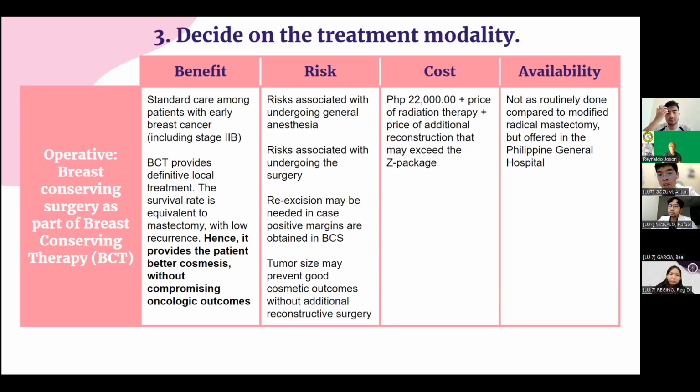Hence, there would be additional costs for radiation therapy and then for additional reconstruction, which for reconstruction surgery may reach about 55,000 pesos in general or average. Hence, it may exceed the Z package in case that's the primary mode of payment for the patient. In terms of availability, it's not as readily done compared to radical mastectomy, but it's also offered in PGH.